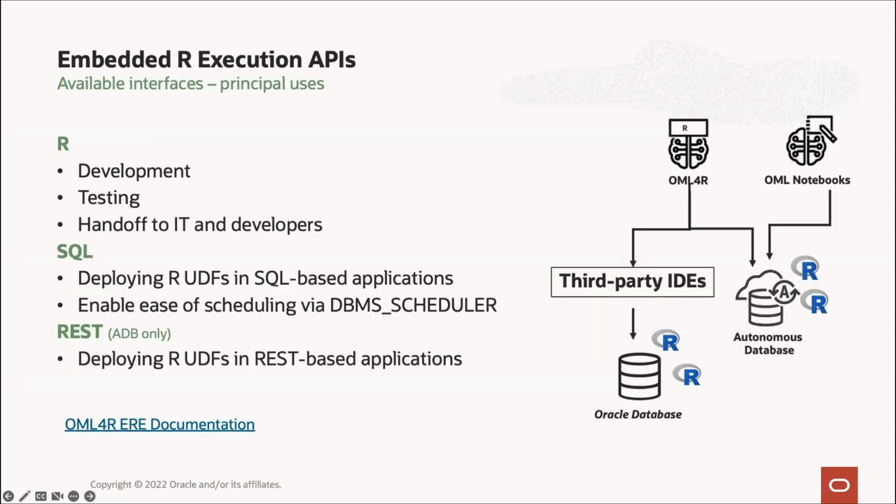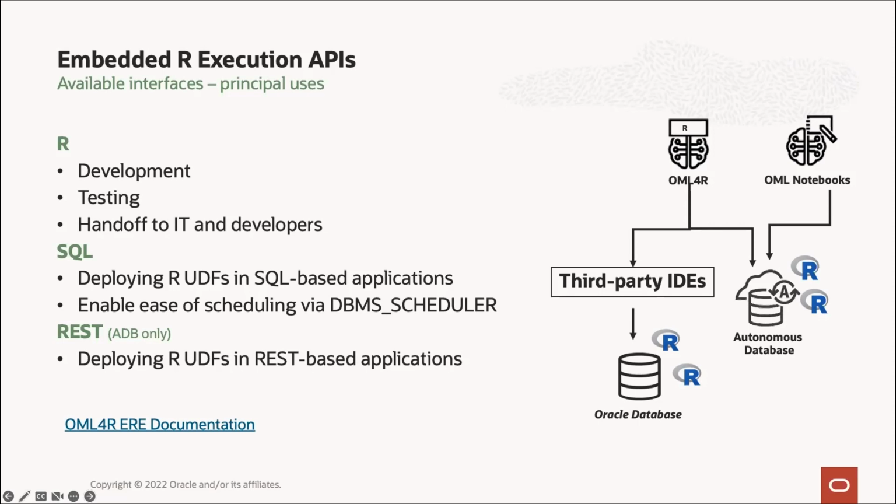So let's explain when to use the R interface, the SQL interface, and REST in the context of embedded R execution and what the purposes are for each of those interfaces. The R interface is for developing, testing, and the handoff of code or UDFs to IT developers for validation and logic.